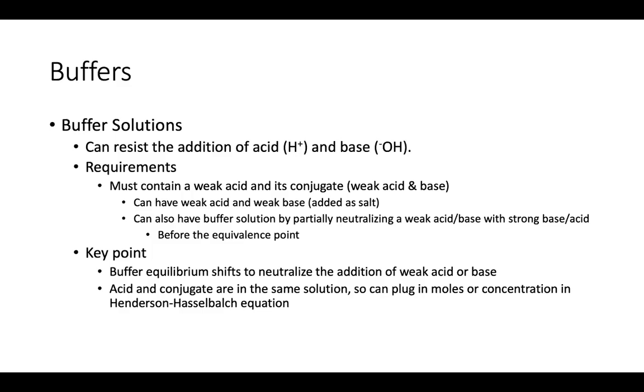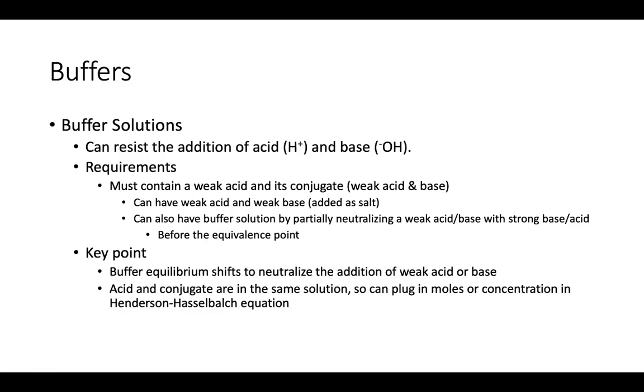Right? And so typically we will form this through one of two ways. The first classic way to make a buffer is you will add a weak acid to a beaker, and then you'll also add the weak conjugate base, which is often added in the form of a salt.